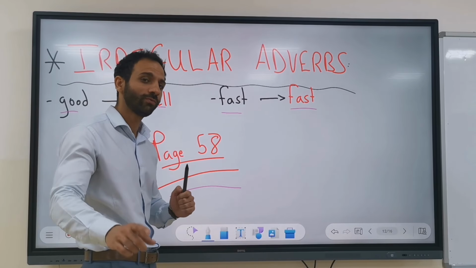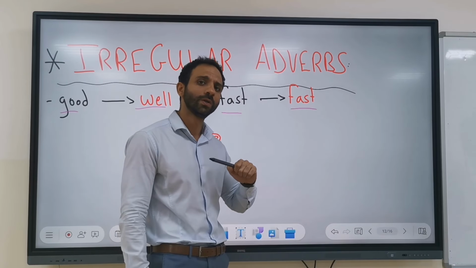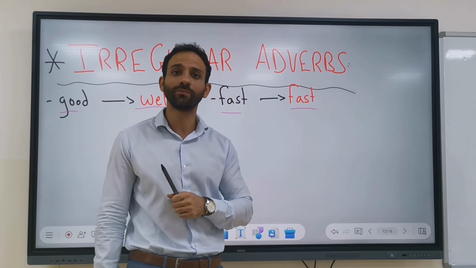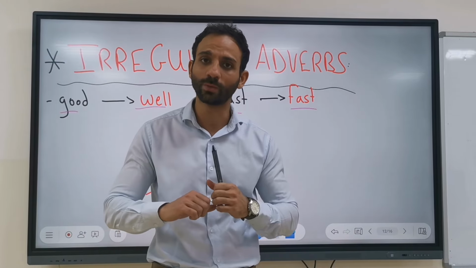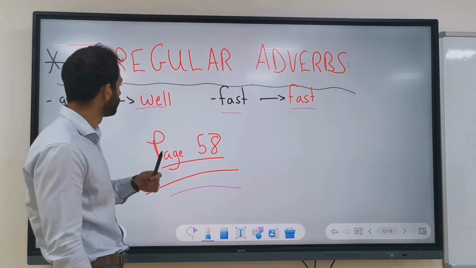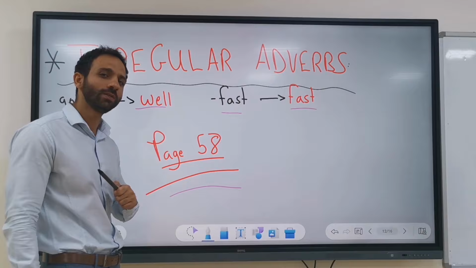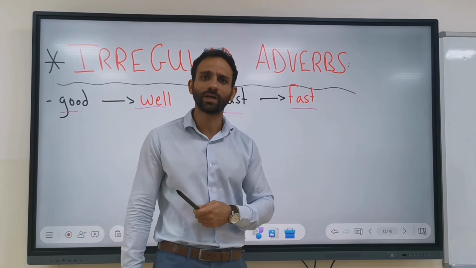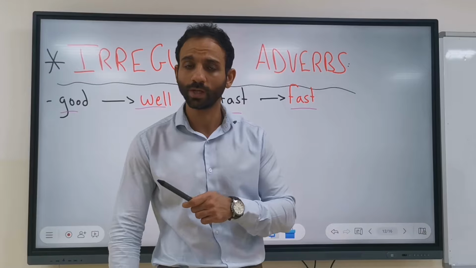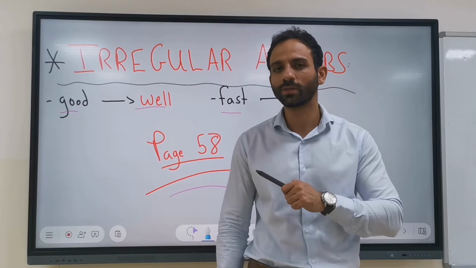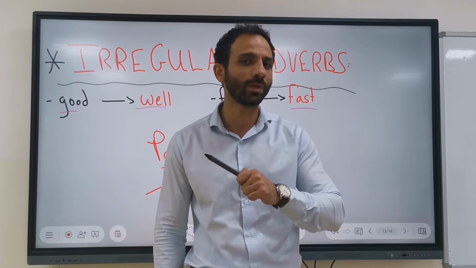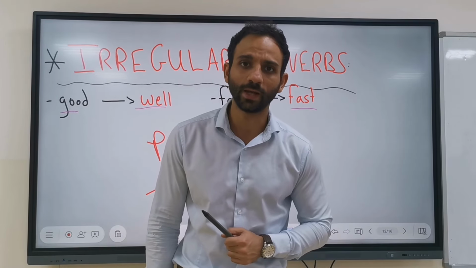Alright, so I just wanted to give you examples about these, because sometimes these tend to be confusing. Even in your books, they are part of the confusion part that you always see in your grammar units. What I wanted to add is to put these into sentences that make sense to you. For example, fast remains fast, the adjective and adverb. As you know, adverbs are words that describe verbs and actions. Adjectives are words that describe nouns. So I can say I am fast.